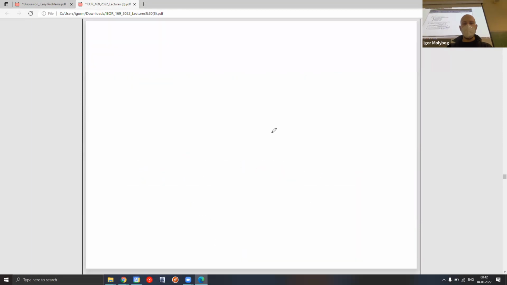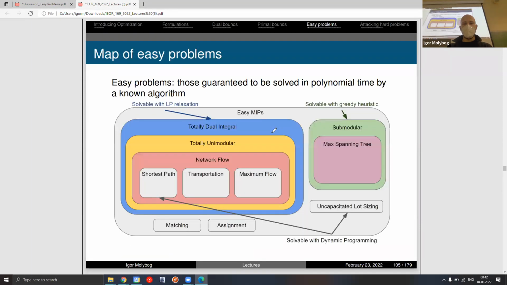We have this scheme about the problems which are easy from the computational viewpoint. How do we know that they are easy? Just because we have polynomial time algorithms to solve them, and these polynomial time algorithms normally come from methods to construct bounds on the solution.